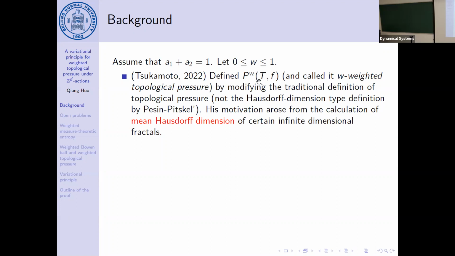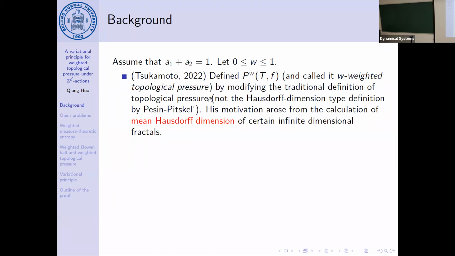Tsukamoto defines P_W, which corresponds to W and 1 minus W. Tsukamoto called it W-weighted topological pressure, and his method modified the traditional definition of topological pressure.